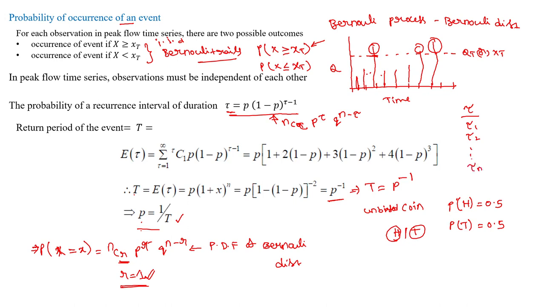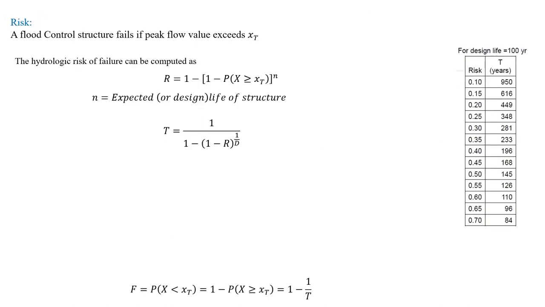From there you calculate the expected tau value, and from that you get the capital T. Then 1 by capital T gives the probability of occurrence of an event. Once we know that probability, it is a piece of cake. We can fit the model and proceed further. This is all basic stuff, but our interest is to calculate the risk.